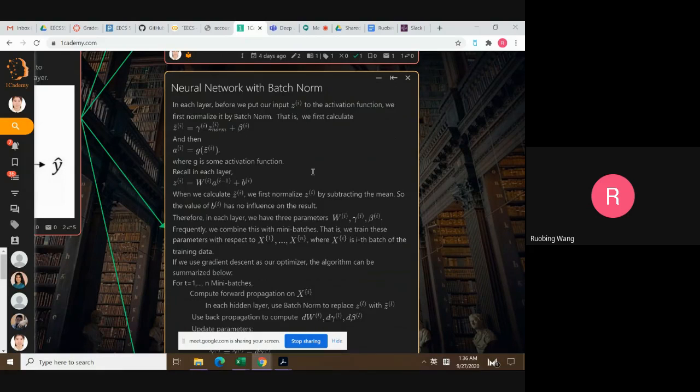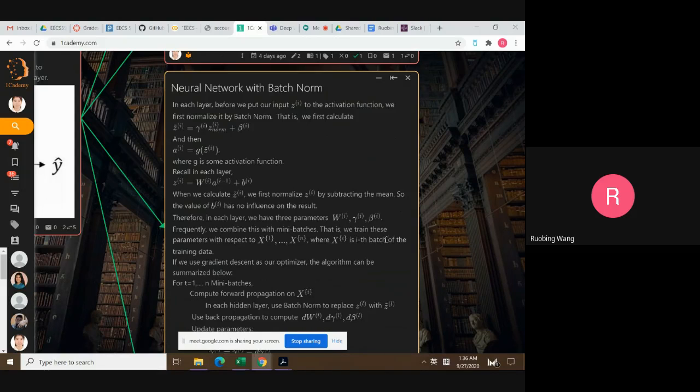When we calculate z tilde i, we first normalize z_i by subtracting the mean, so the value b_i has no influence on the result. Therefore, in each layer, we have three parameters: W_i, gamma_i, and beta_i.